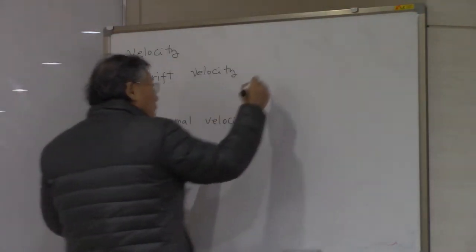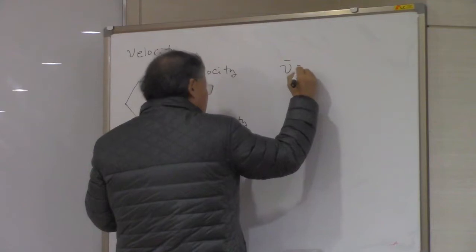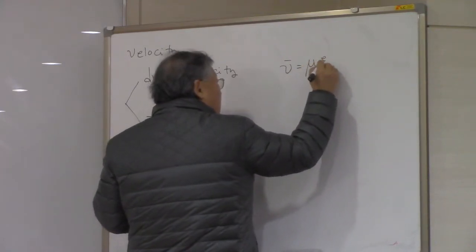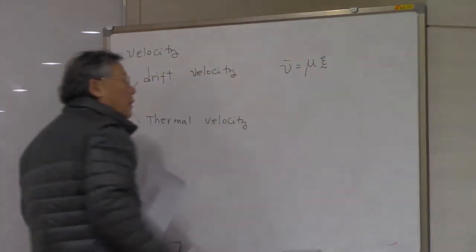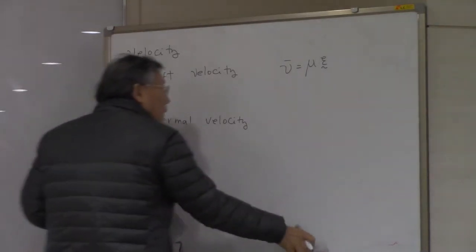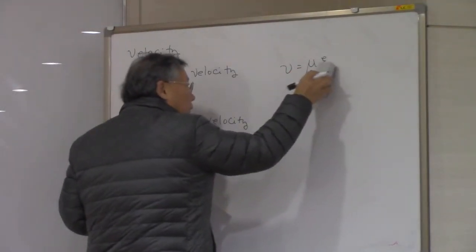Drift velocity is the velocity that can be defined as something like this, all right?